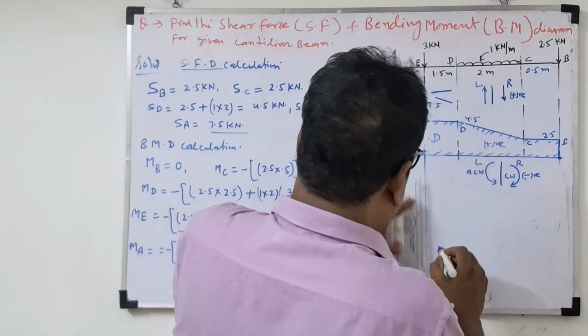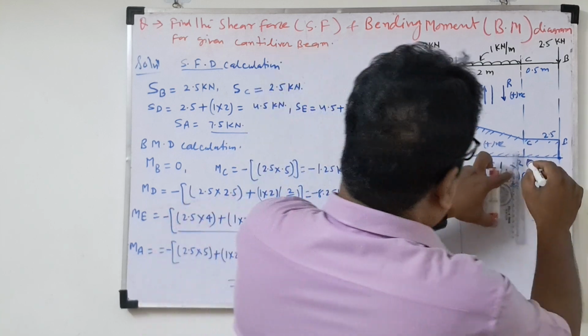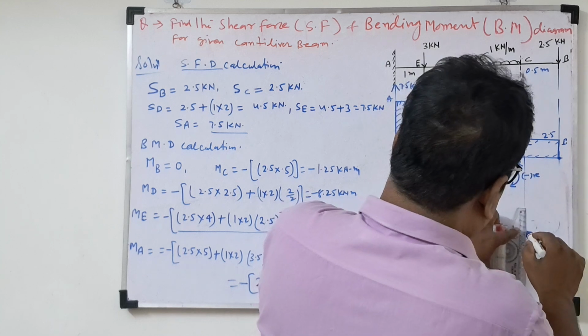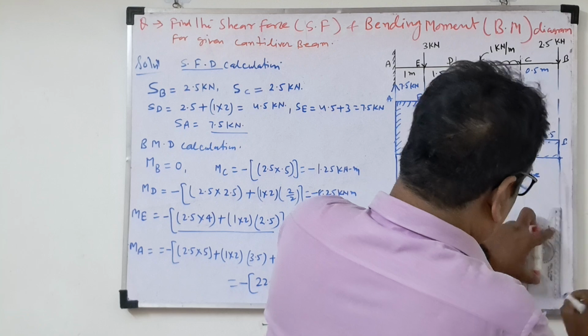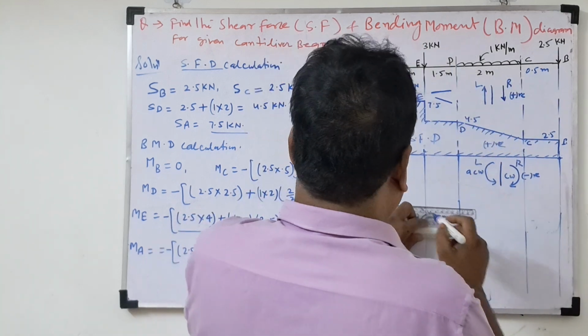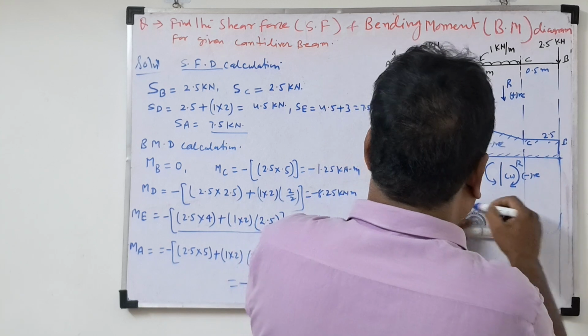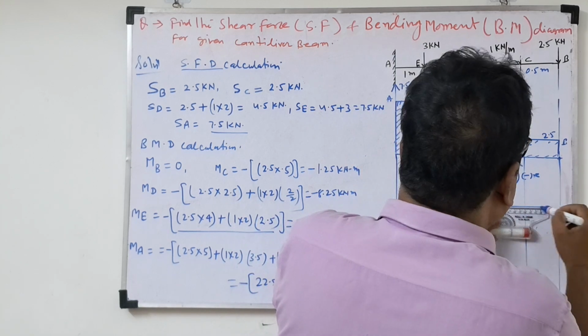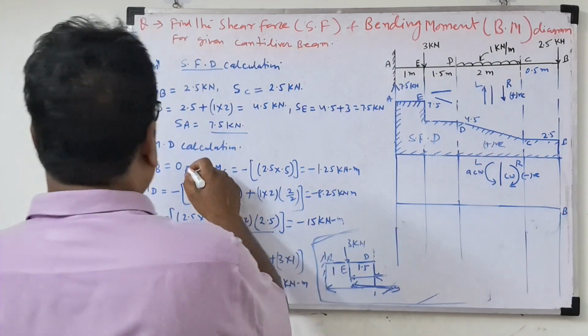Extend this line and all, thin line or dotted line, you draw all the junction points. So there all points will be right. So okay, draw the zero line first. The zero line of the bending moment diagram, because on this line bending moment will be 0. So first at this point bending moment will be 0.